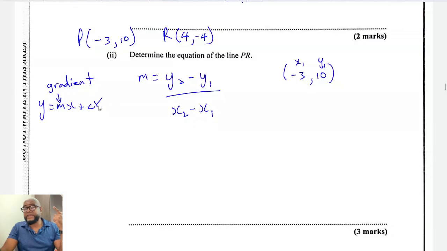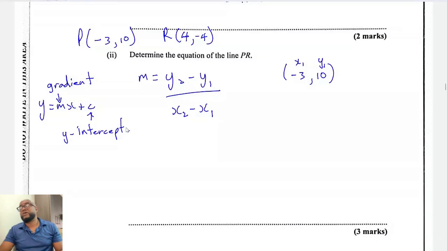And remember what c is? It is a constant here, but what does it represent? I hear somebody else saying it. Y-intercept. Guys, we have to internalize these things.